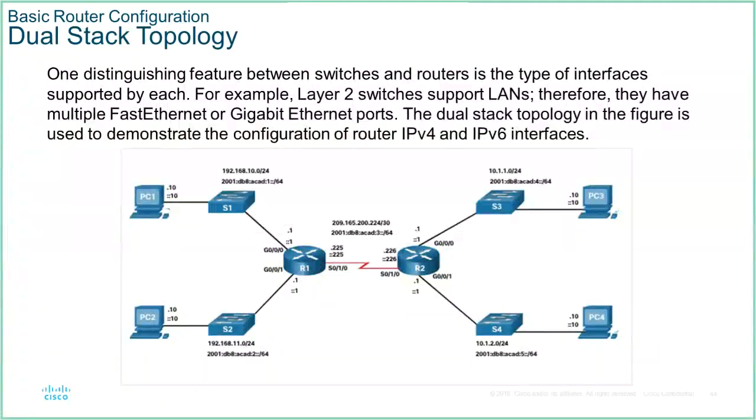Now, not all devices will support dual stack, so you may need to upgrade some equipment or operating systems in your network when you need to go to this dual stack operation. So basically what you do is you have both IP addresses allocated to the same interface, one being V4 and one being V6, all across your network.